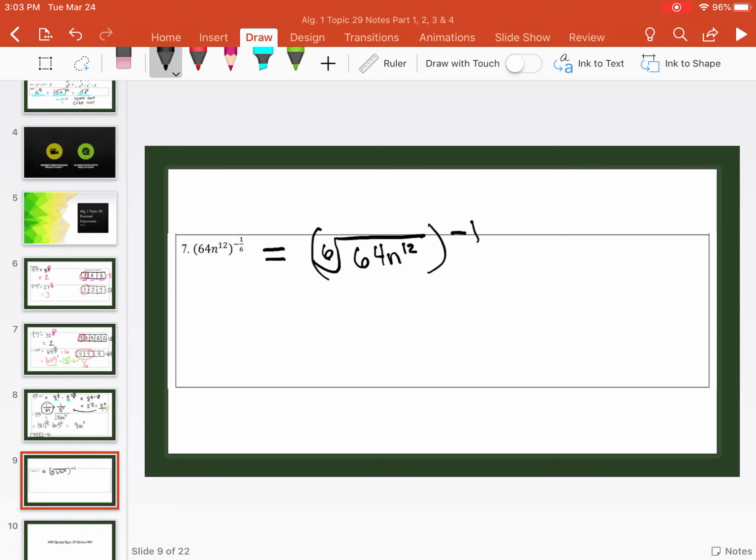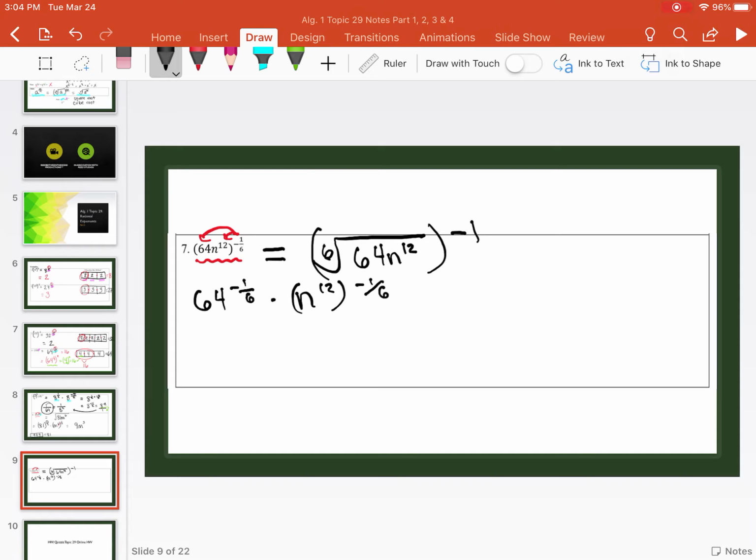So this is another way that you could have seen this problem written that is equivalent to it. So what we can do here is, looking at this problem here, we can apply our exponent to every term. So we'll end up getting 64 to the negative 1/6 times n to the 12th to the negative 1/6.